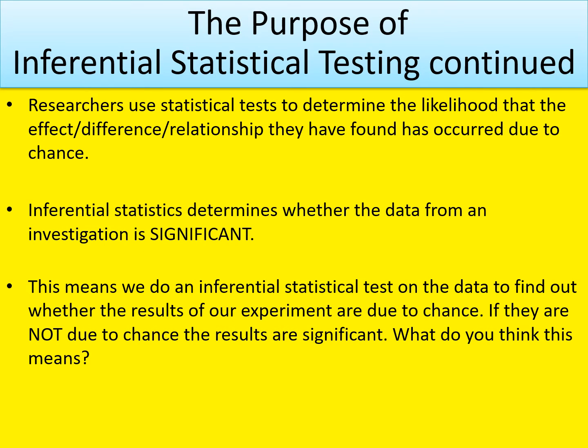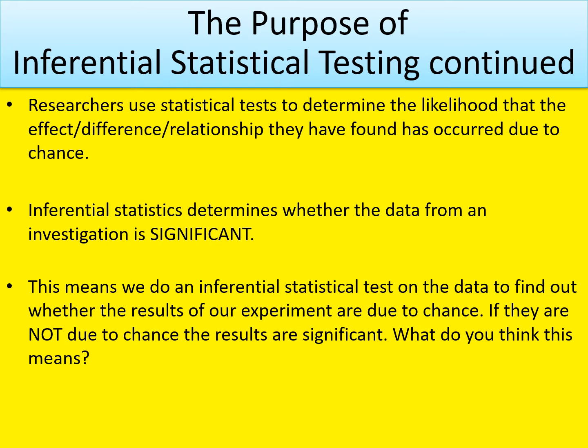So, I'm just going to read this out, and I want you to read along with it and take this in, because sometimes in the exam they just ask you the purpose of inferential statistical testing. So researchers use statistical tests to determine the likelihood that the effect or the difference or the relationship that they have found in the investigation has occurred due to chance.